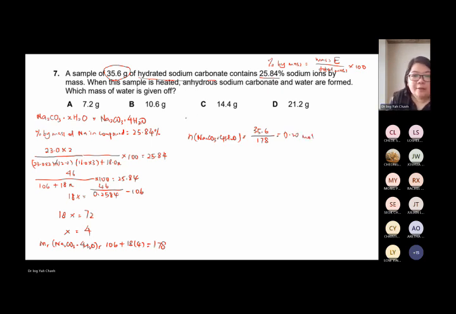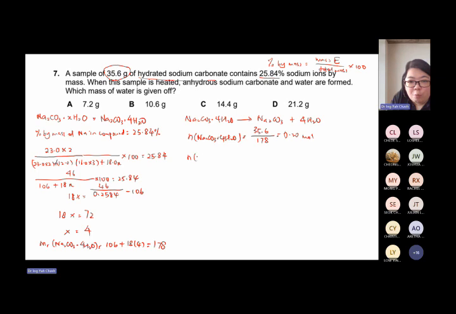Now, if I have 4 water in the solid and I heat this solid, I will get the anhydrous compound. Water will be removed, so 4 water molecules will be removed. So 1 mole of hydrated sodium carbonate will give off 4 moles of water.